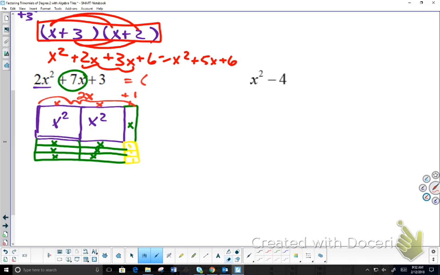So that means I got 2x plus 1 as one of my factors. And then over here, we have x, and this will be plus 3, because that's 1, 2, 3. So I've got x plus 3.